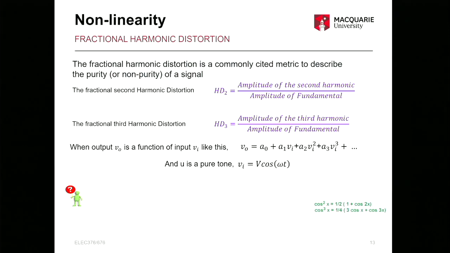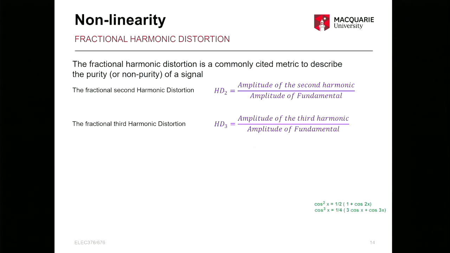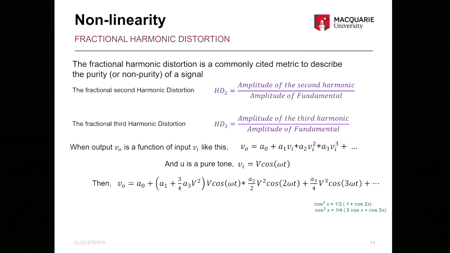how do you find the output? What you do is put this equation for V input into the equation for the output, and you get a big equation like that.